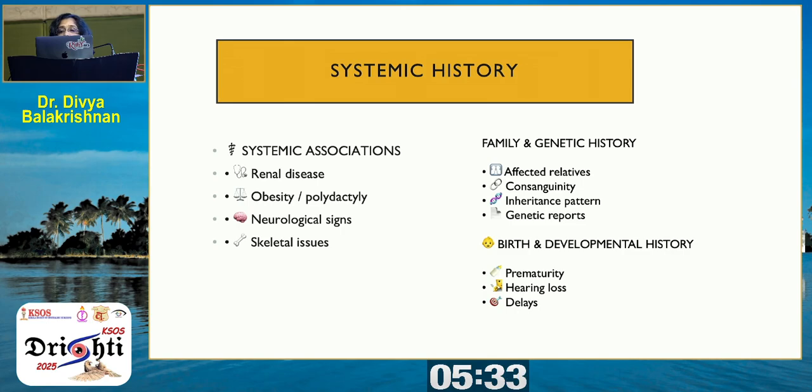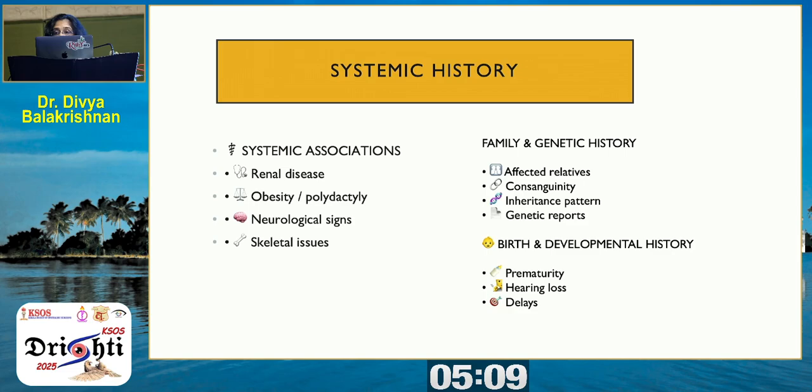Because you need to rule out whether it is syndromic, ask about the systemic history, like renal involvement, and examine the general physique of the patient, so you pick up many of the anomalies. Don't get into the habit of looking directly into the retina or the eye. Just see how the patient walks into your OPD, what the physique is, whether the patient is obese.